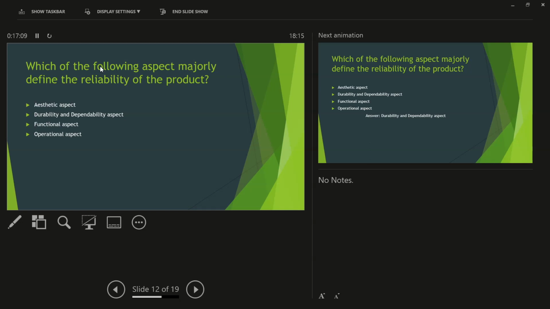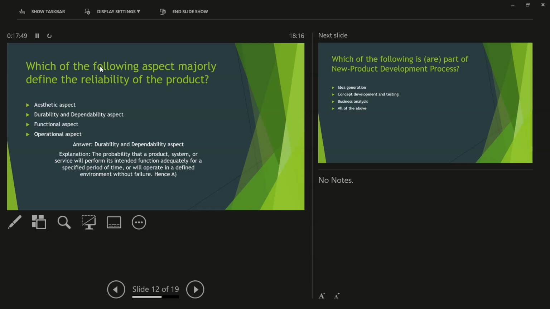Why do you think it should be operational? Okay, so that is okay, and actually durability. But okay, you are also inclining towards the right answer. That is the durability and the dependability aspect, and you actually explained it well. Where we would like our product to be running for longer durations without any wear and tear, or with less amount of wear and tear.